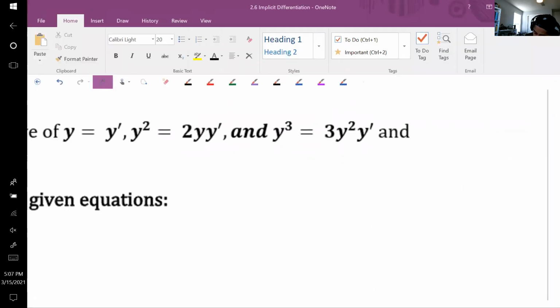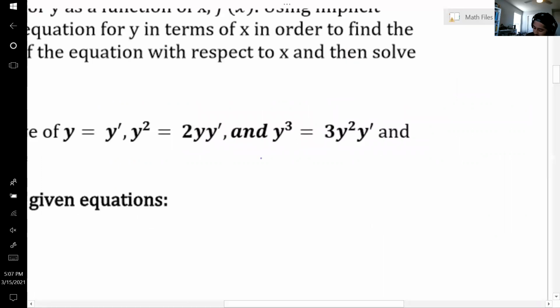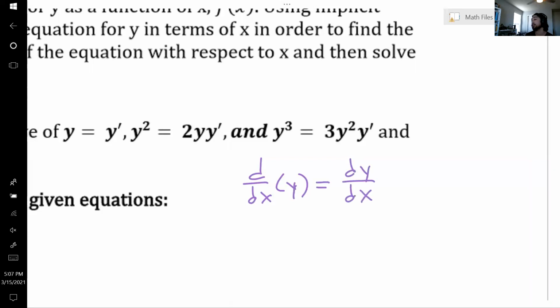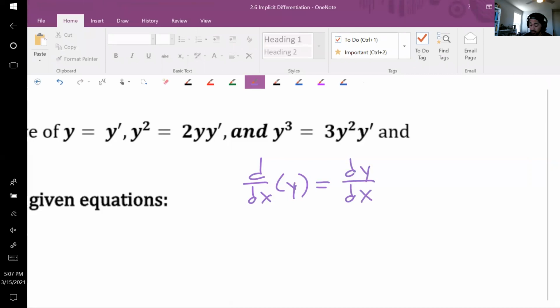So when I say d over dx of y, we get a notation such as dy over dx. Now this notation is important because you'll see it definitely in Cal 2 a lot.